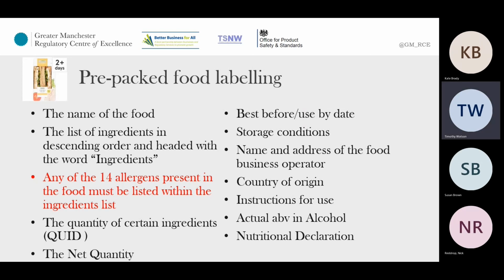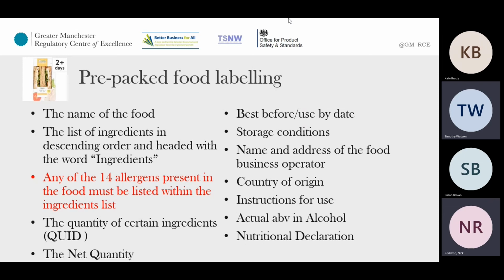So as well as the name of the food, it must have a list of ingredients given in descending order of weight, headed with the title ingredients. Also, if the food contains any of the 14 allergens, these must be contained and emphasized within the ingredients list. The quantity of certain ingredients must be given, expressed as a percentage of the total ingredients, and this is called a quantitative ingredients declaration, or QID for short.